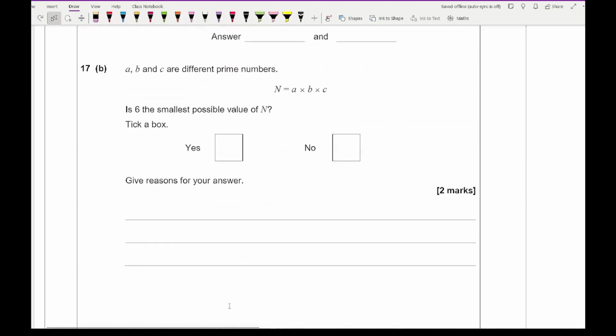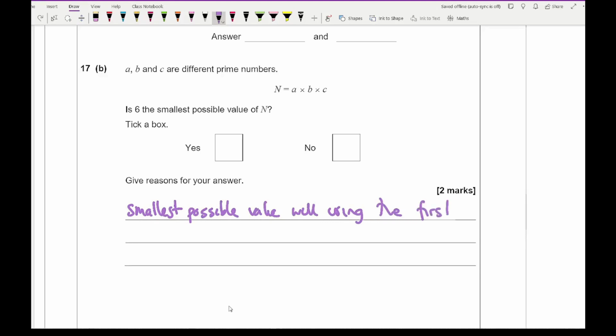Moving on to 17b, it says A, B and C are different prime numbers. Is 6 the smallest possible value of n? Now the smallest possible value will be using the first 3 prime numbers.